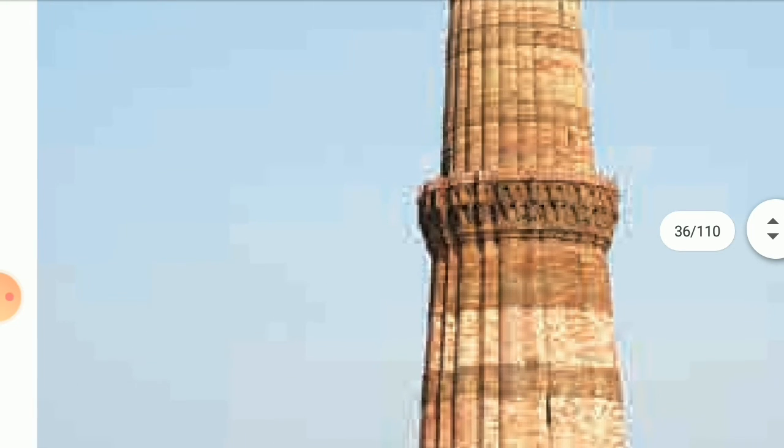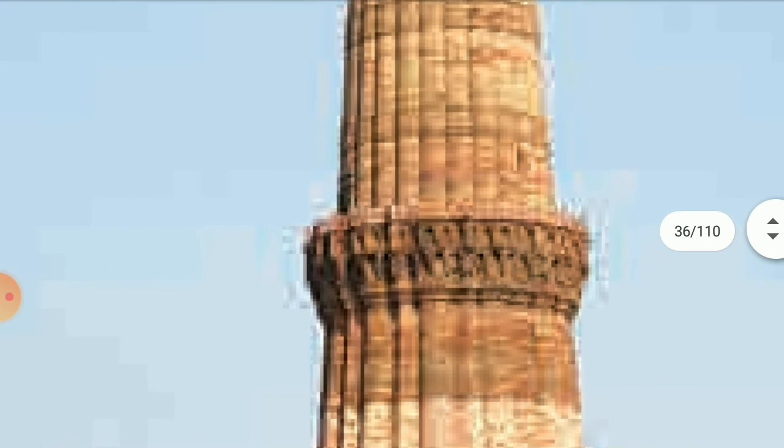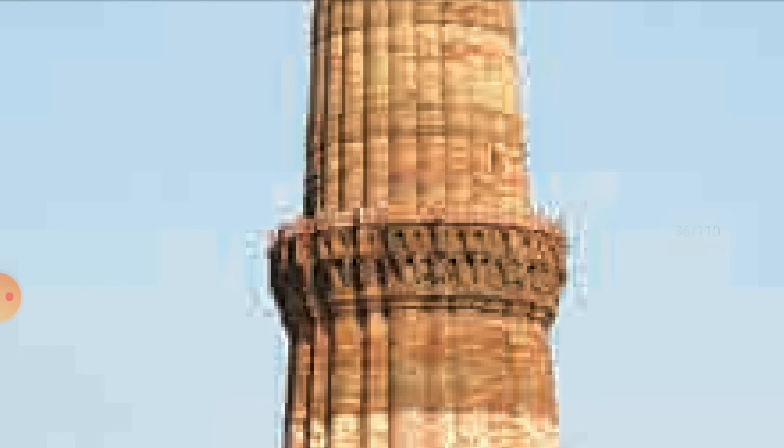You can see the beautifully built structure and the color combination, brown color, and the height is 240 feet, the highest minaret in the world.